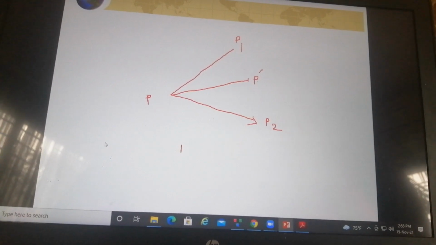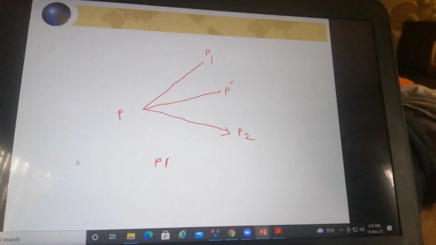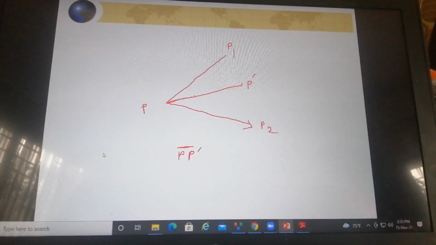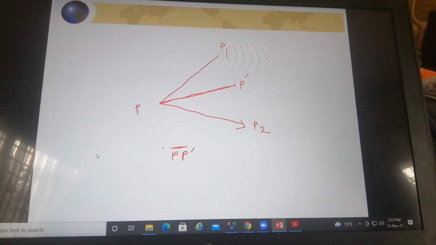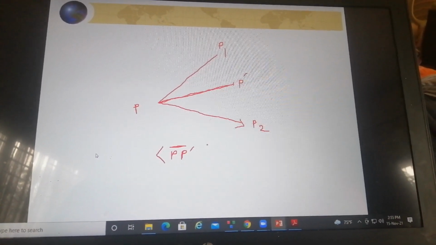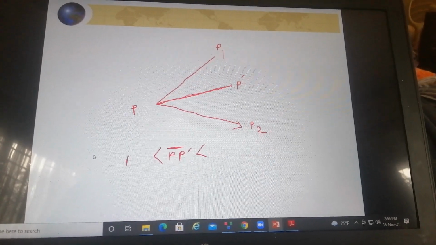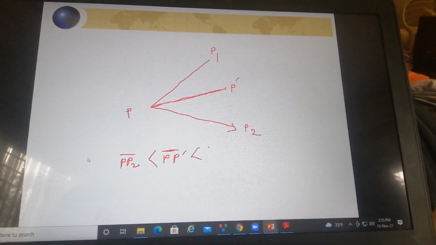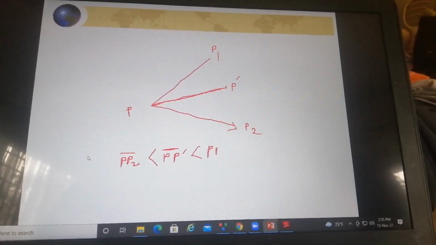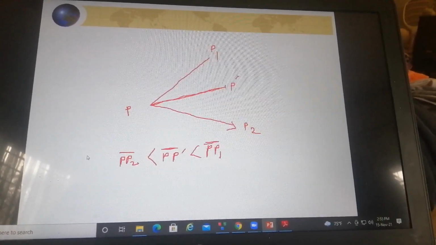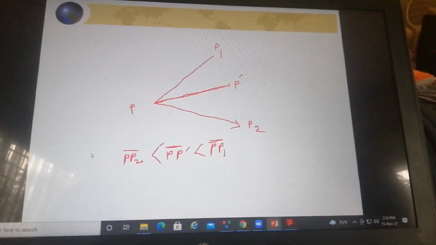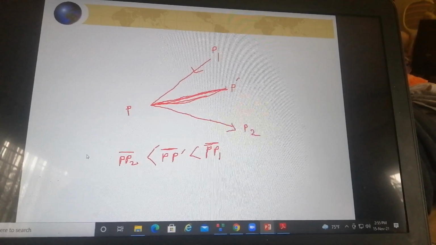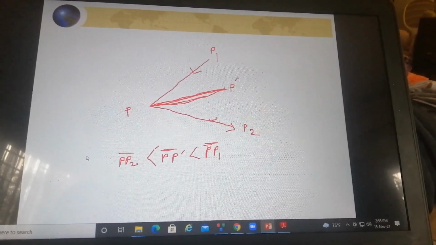So if the tangent of P dash is greater than this one and less than this one, then we can say that this line is in between this and this line. You got my point?